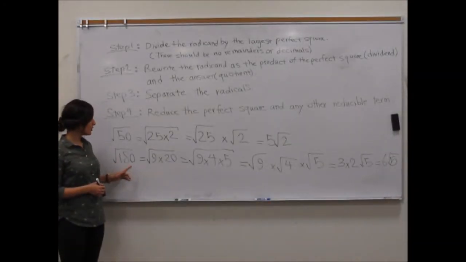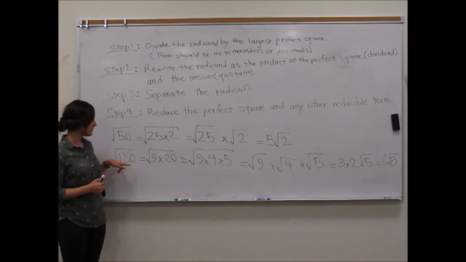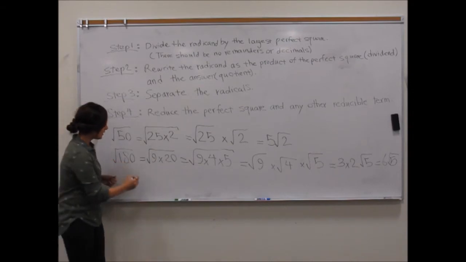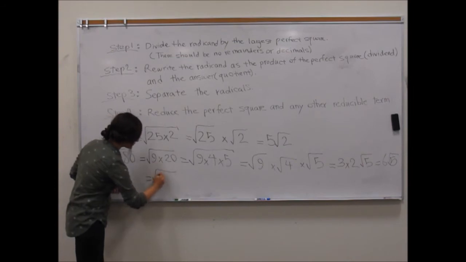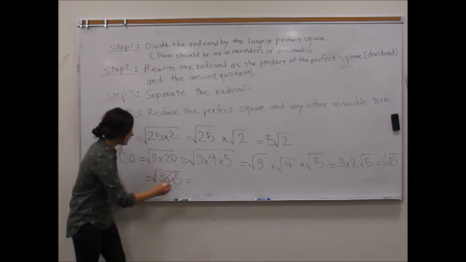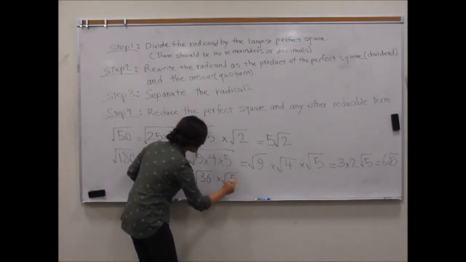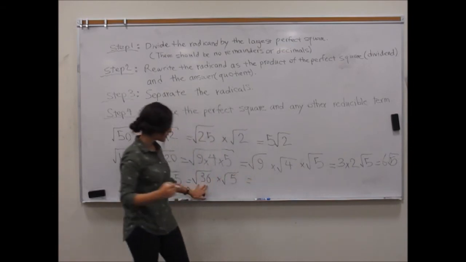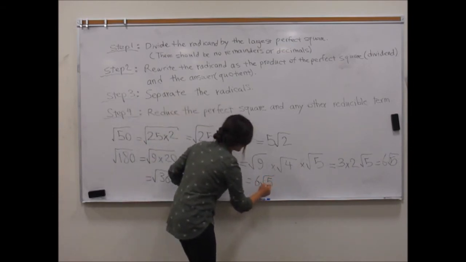Okay, I just want to show you here that in this example, rad 180, I didn't divide by the largest perfect square. So the largest perfect square that I can divide 180 by is 36. So I can just write it as 36 times 5, and then rad 36 times rad 5, and that 36 is a perfect square, which would be 6, and then it's just 6 rad 5.